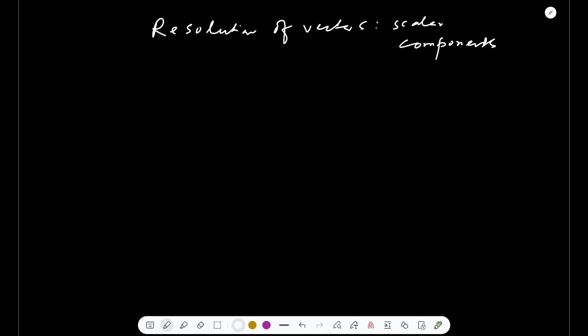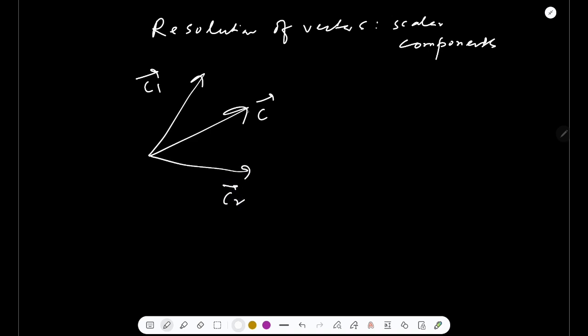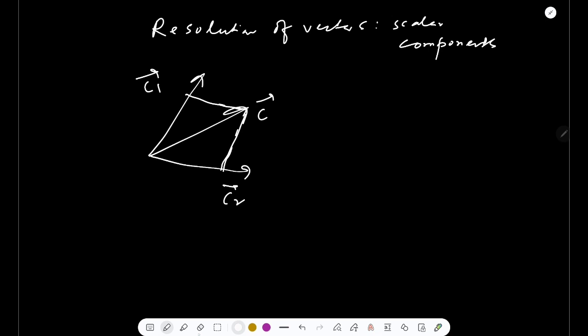For example, if we have a vector c like this, and we have two vectors like c1 and c2, I'm just trying to make a parallelogram here so that vector c1 is here and vector c2 is here.